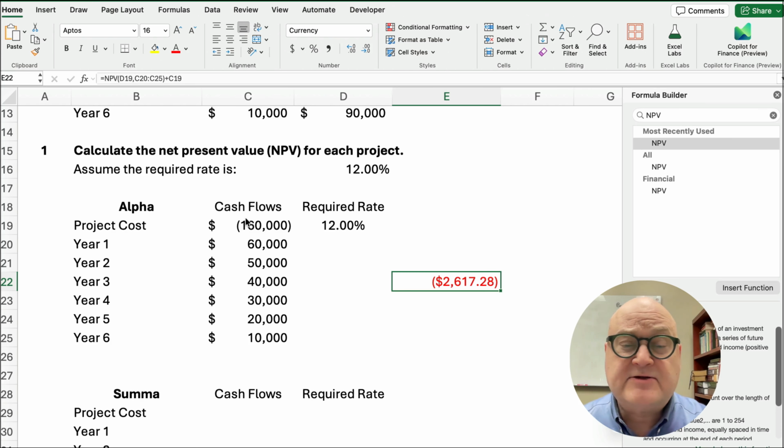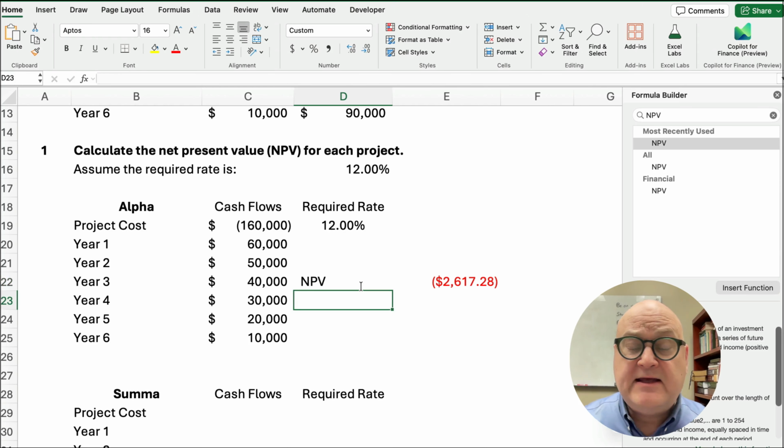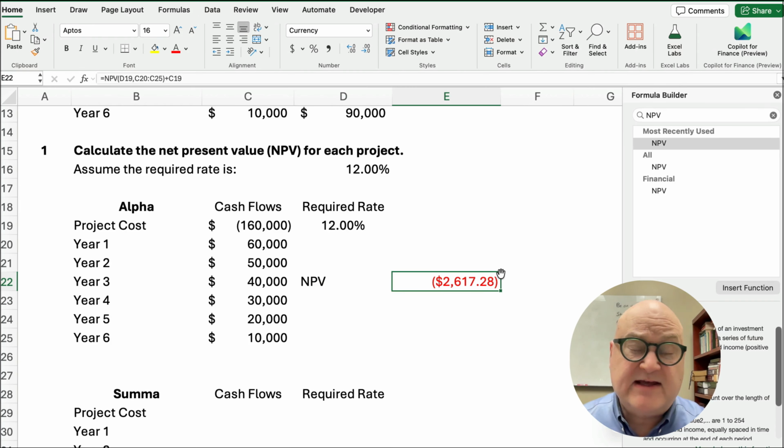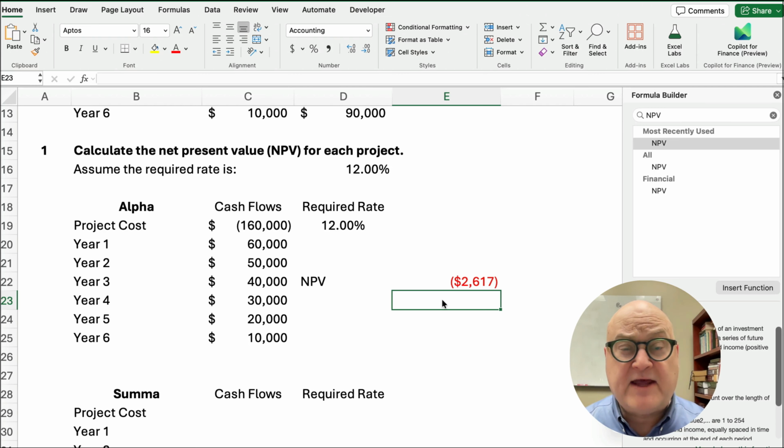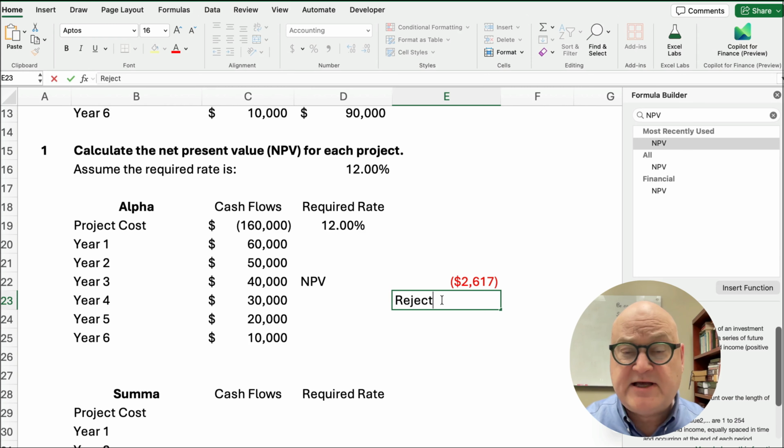And so what's our answer? Our net present value here, our NPV, is negative 2,617. I'm going to make it whole dollars. It's not going to matter, the pennies here. So what do we do? If it's negative, it means we have not achieved a 12% return, so therefore we will reject this project.